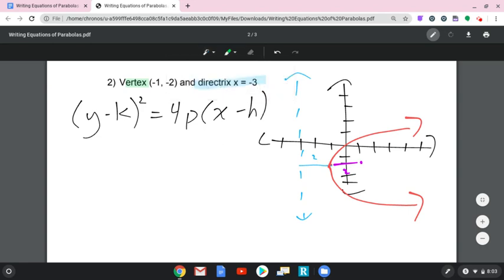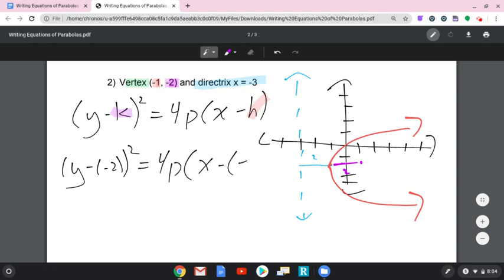My h is -1, and my k is -2. So if I input that first, it's y minus a -2 quantity squared equals 4p times x minus a -1.